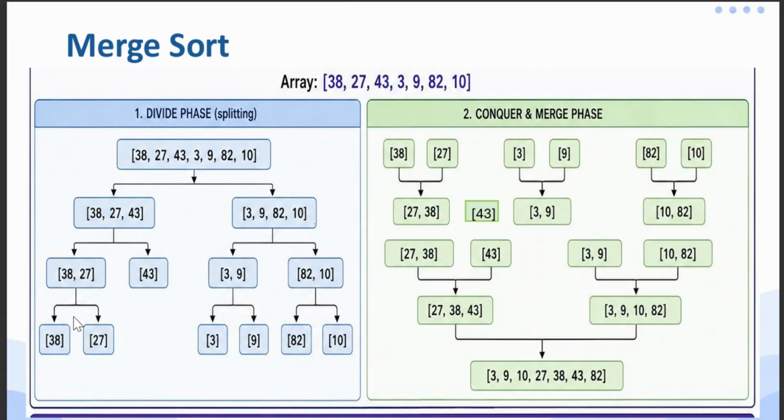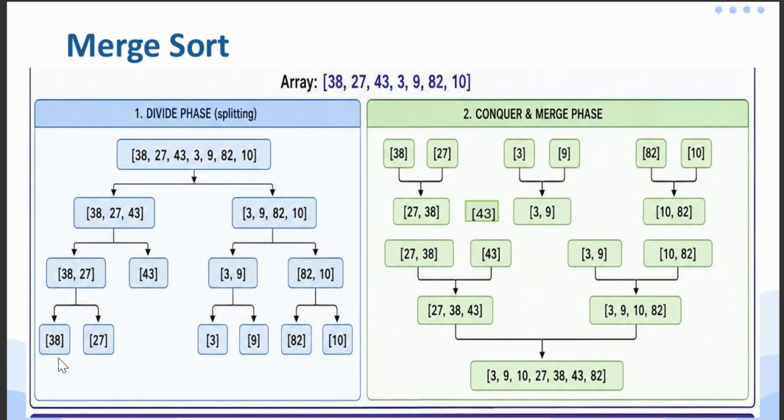And again you divide until you get these elements alone: 38, 27, 43, 3, 9, 82 and 10.